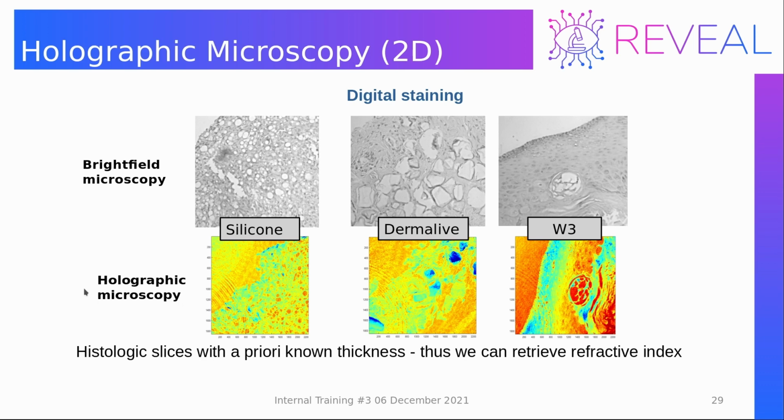However, when you analyze these images with holographic microscopy, you can read the value of the refractive index of the filler in each of the histological slices, and you can compare it with the known refractive index of the filler. Based on this, we identified that here there was silicone, there was dermalife, and here was some filler called W3.